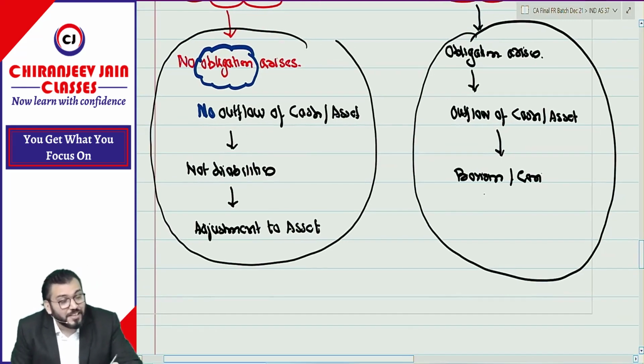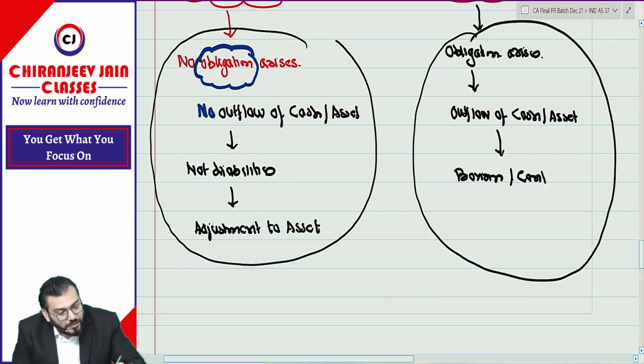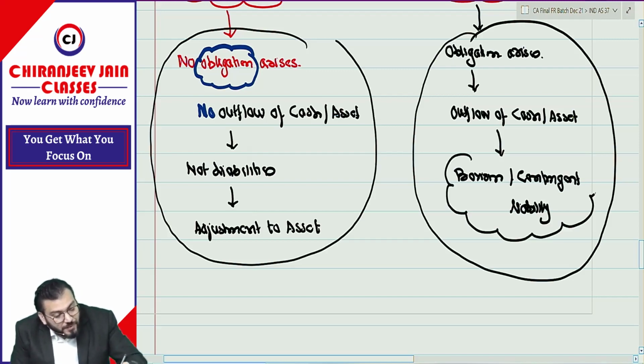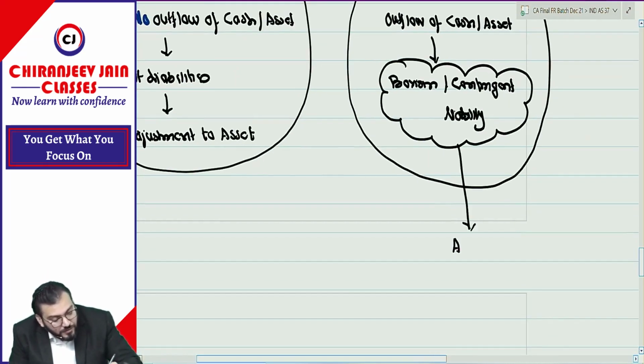So, either we will recognize provision, or will disclose contingent liability as per the facts and circumstances existing. Understood? And this part is covered under AS 29.